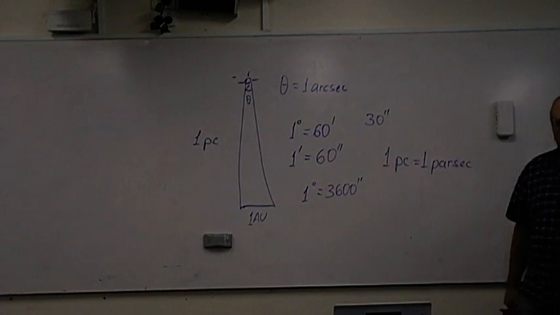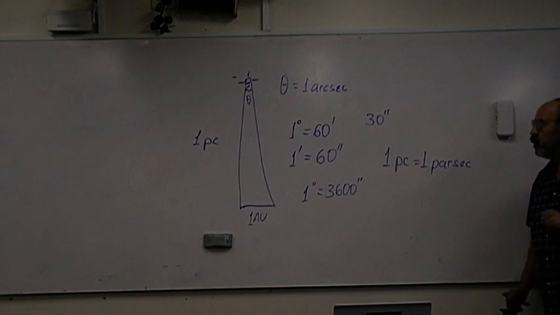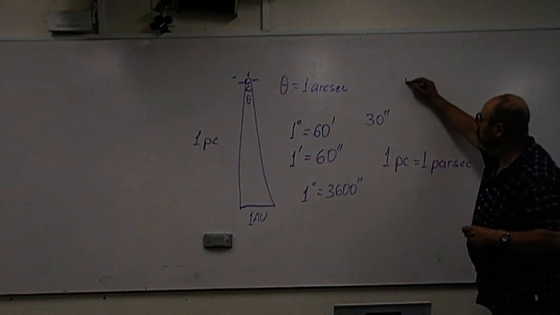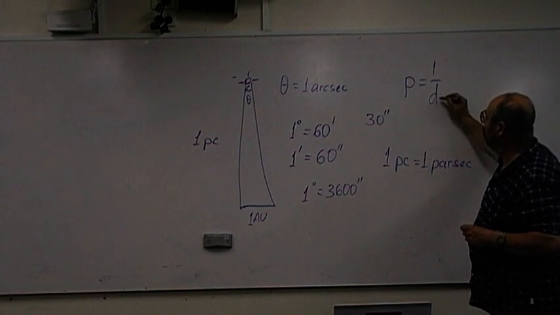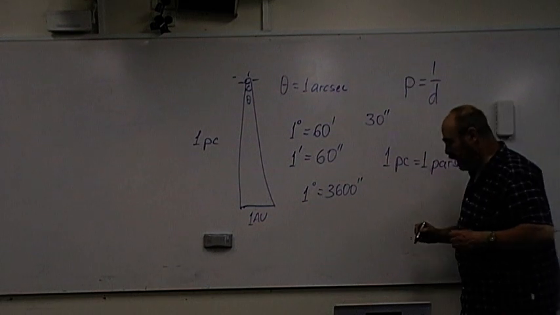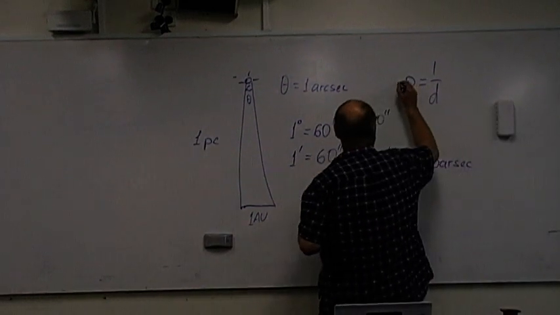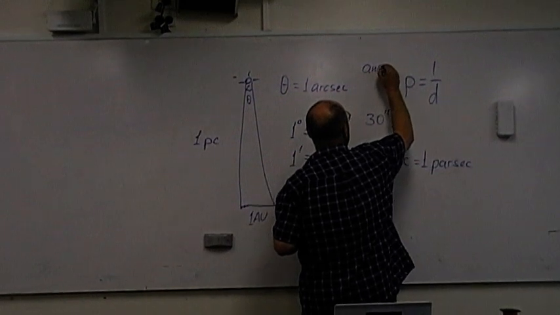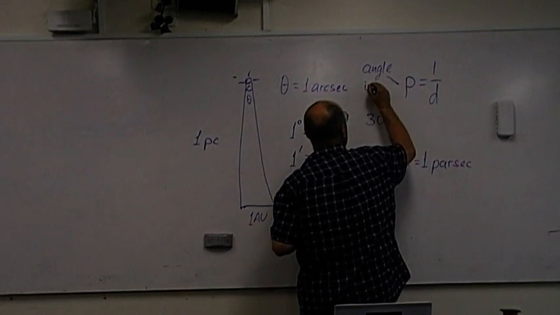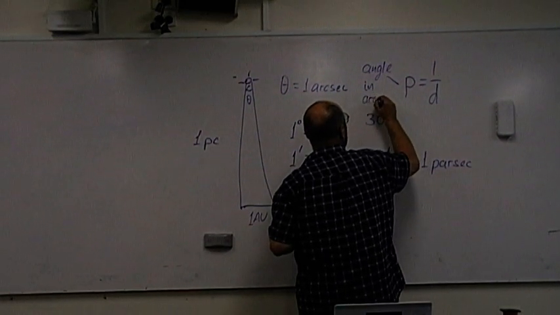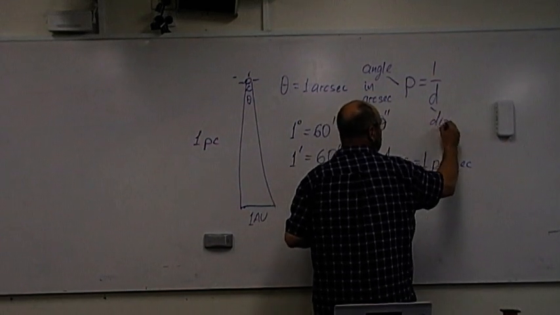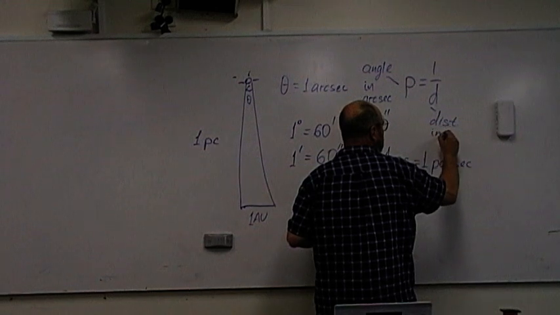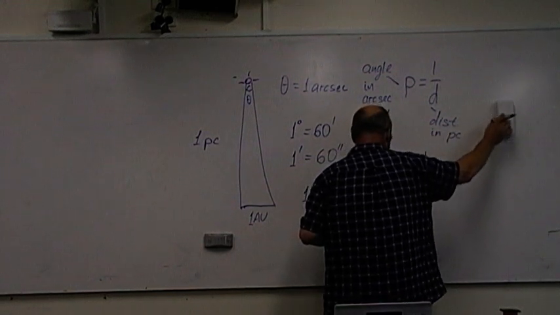And to do calculations, we can use the formula P equals 1 over D, where P is angle in arc seconds, and D is distance in parsecs.